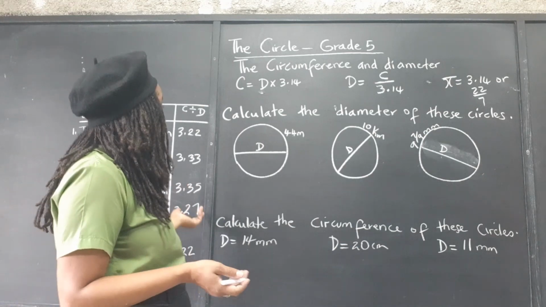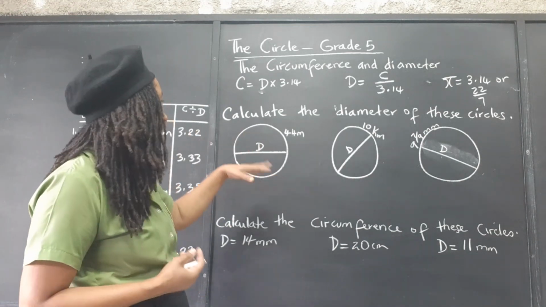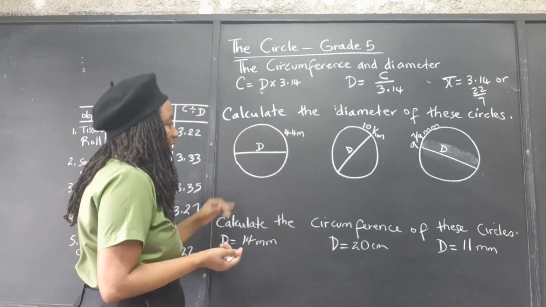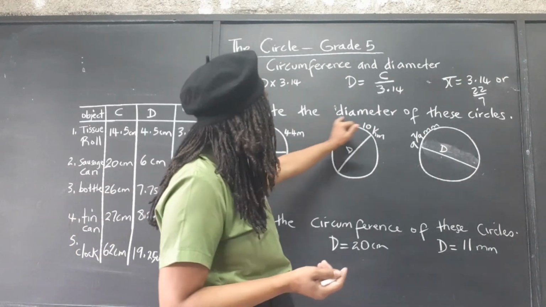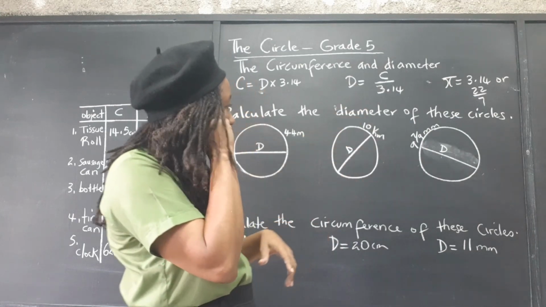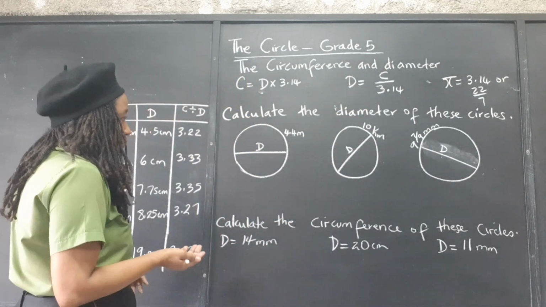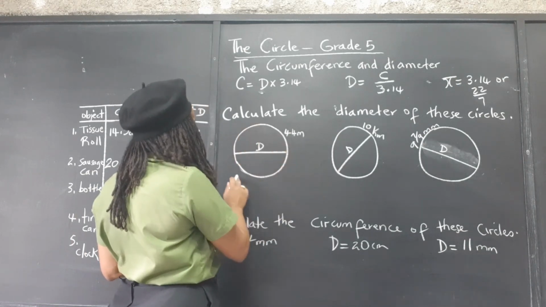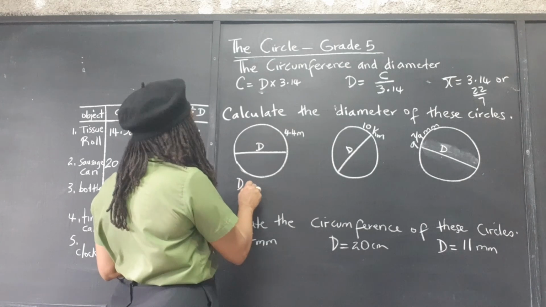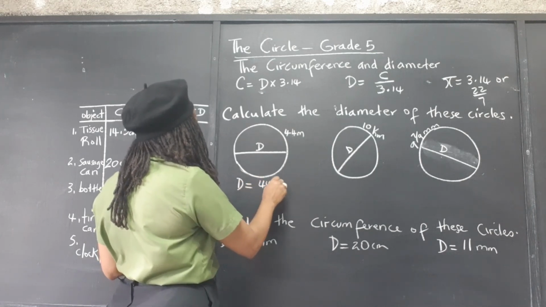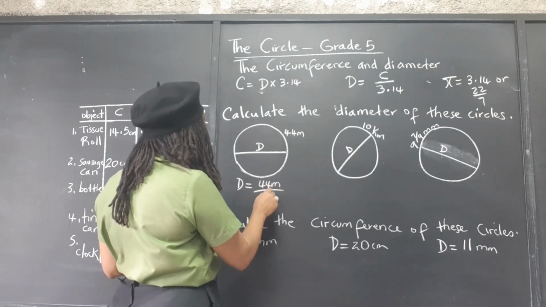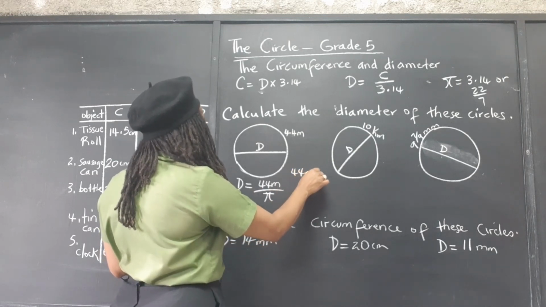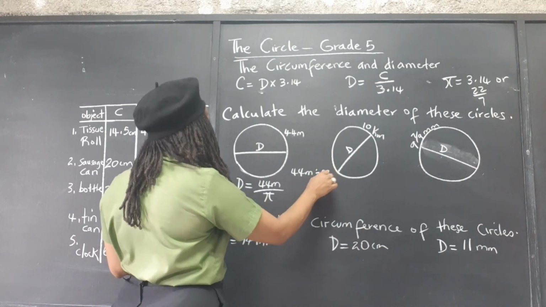And for these we're going to find the diameter. So that means we're going to be dividing these circumferences by 3.14 or 22/7. So if the circumference is 44, then the diameter is the circumference divided by pi. So 44 divided by 22/7.